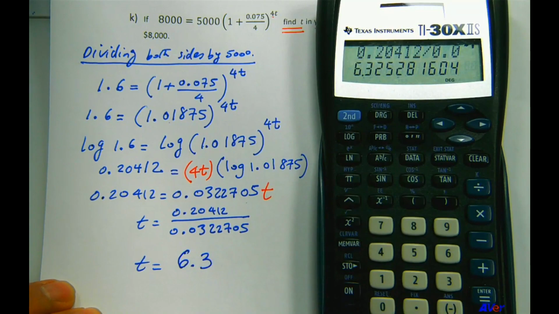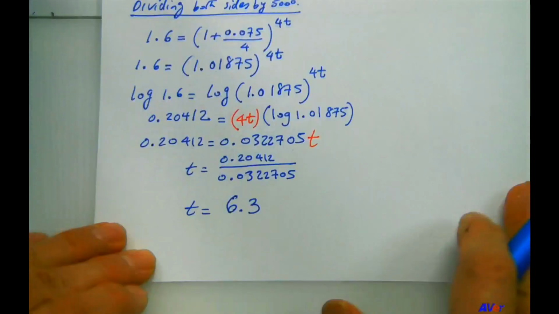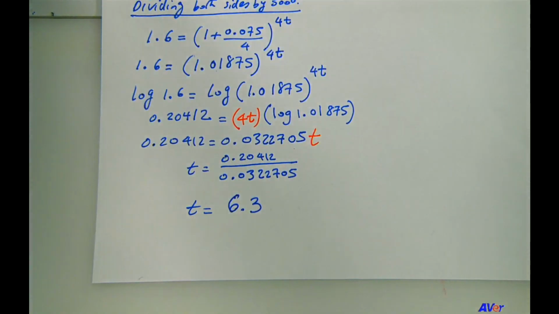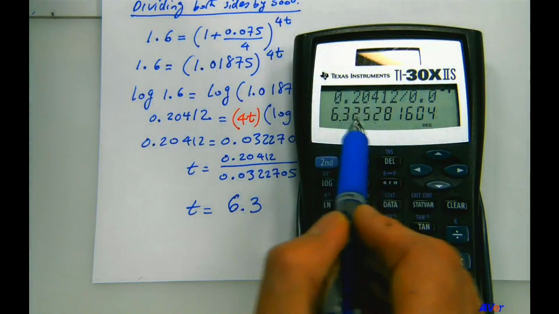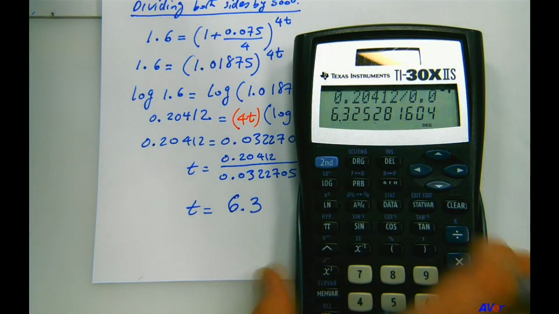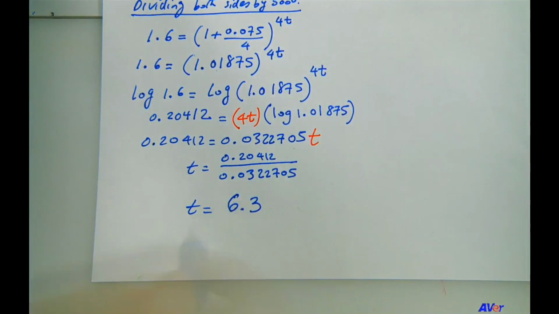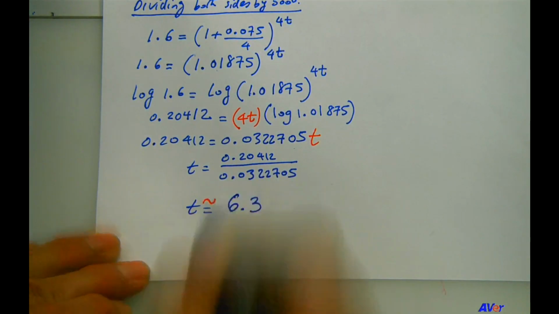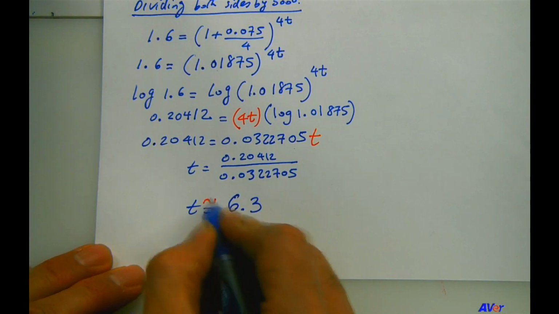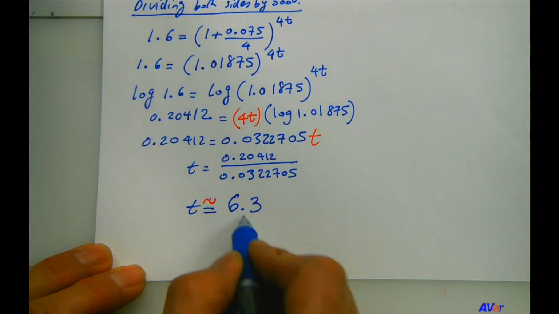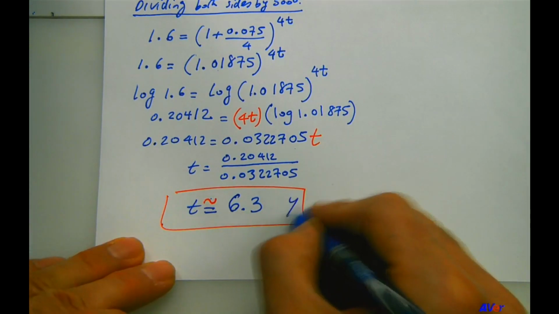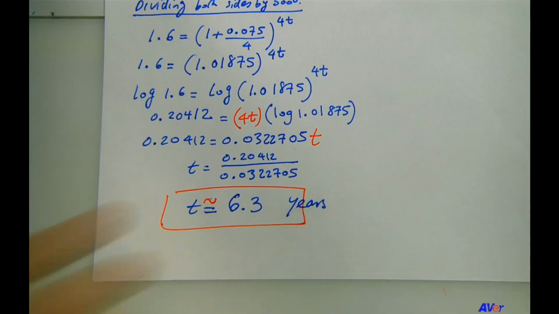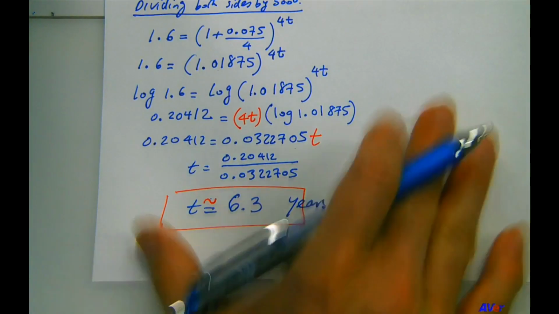Okay, and just to indicate that, because as you saw, when I round it, I'm missing all those digits, I'm going to put this mathematical symbol, or tilde as it is called, to indicate t is approximately 6.3. And of course, this is in years.